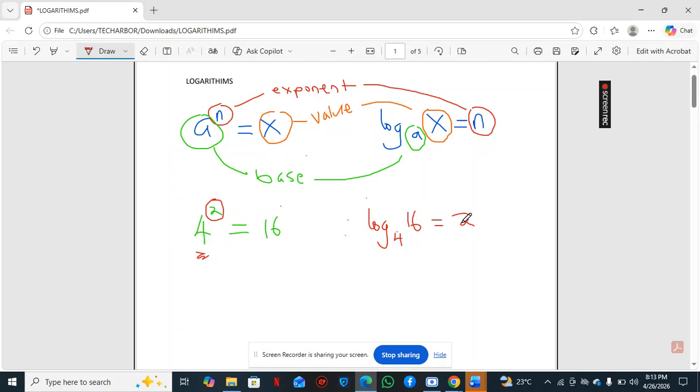As I said earlier on, an index is how many times you multiply a number by itself. A logarithm is how many times you multiply a number by itself to get a certain number.